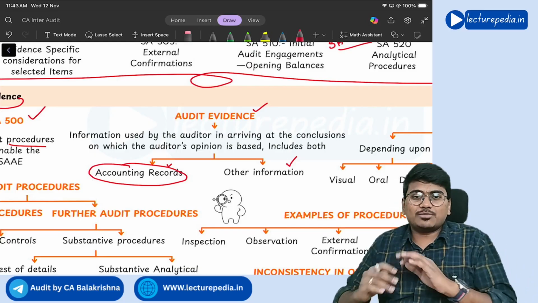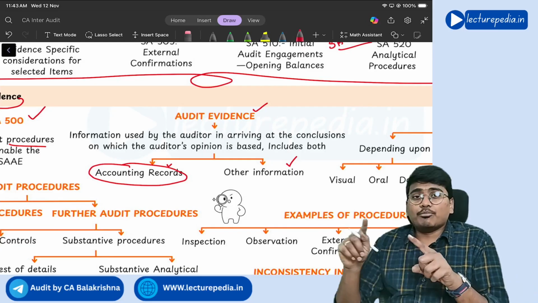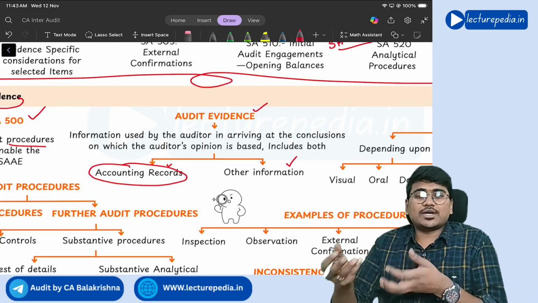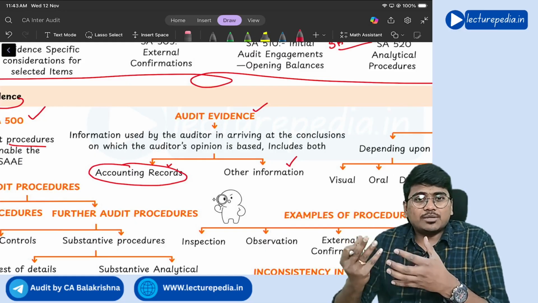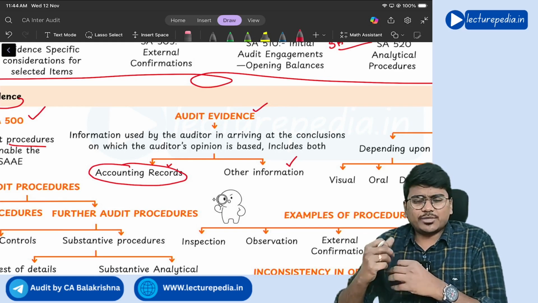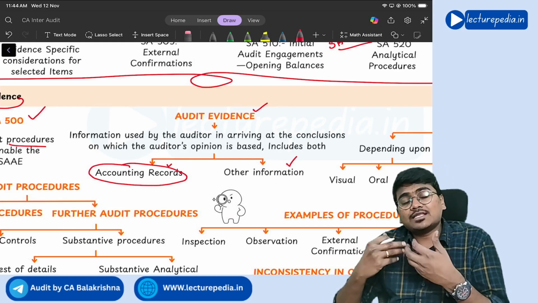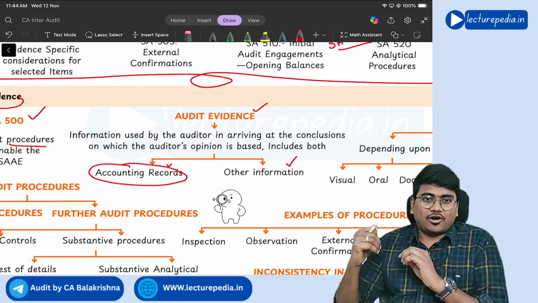Now, what is meant by other information, sir? So information like minutes book, which you can use as a evidence, but minutes book, it is not part of accounting records, correct or not? External confirmation, all these things which are other information also can be used by you as audit evidence.